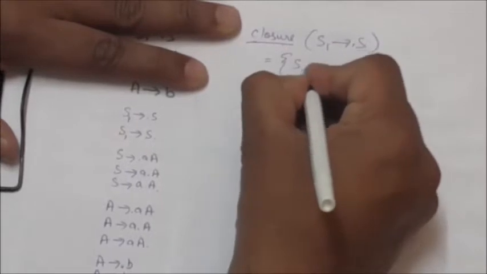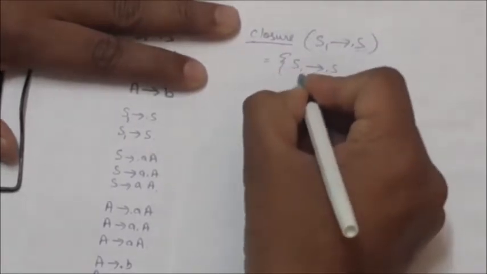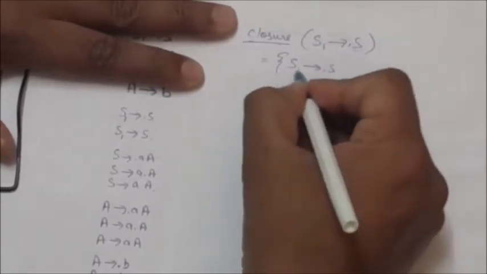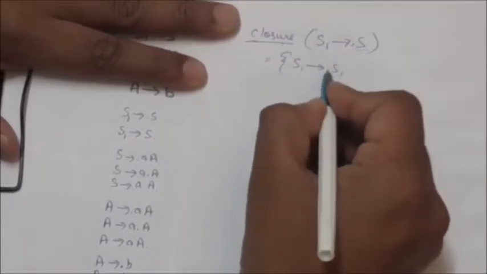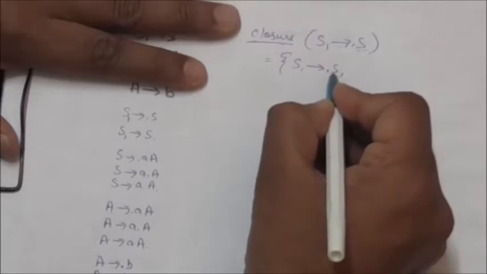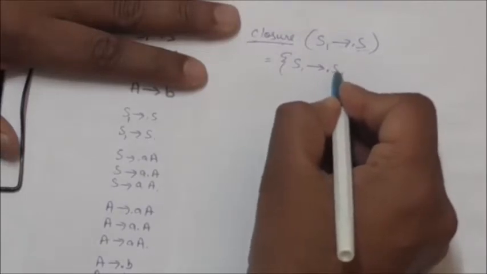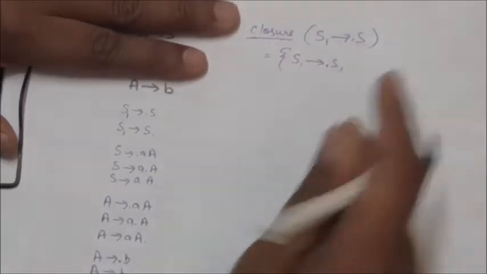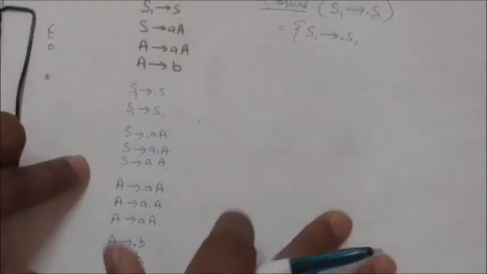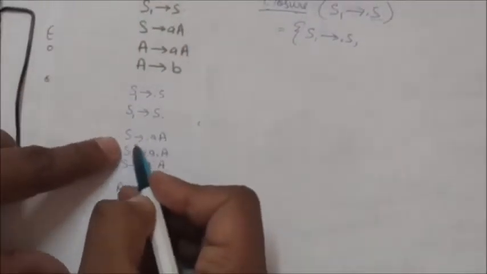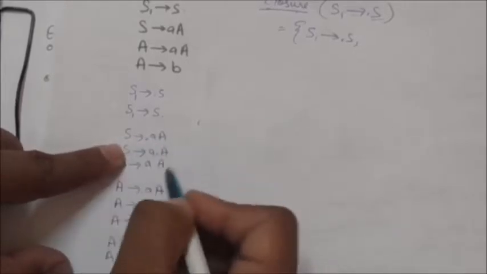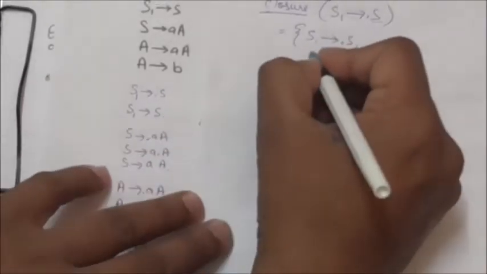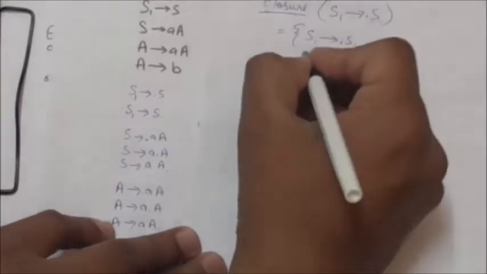First, this item S1 derives dot S itself will be in its closure. Now you can see that a dot is before the non-terminal symbol S. So we will find those items of S on which, on the right side, the dot is at the immediately left position, and those items will be added in the closure.